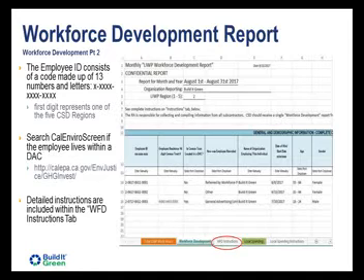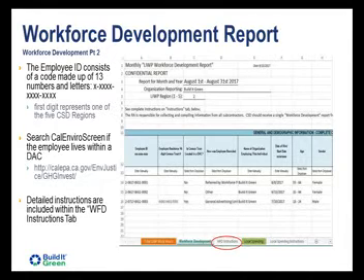In column A, you'll see a long number, which is the employee ID you will need to create. An employee ID consists of a code made up of 13 numbers and letters. The first digit represents one of the 5 CSD regions. So if you're in region 4, for example, the first number in your employee code would be 4.